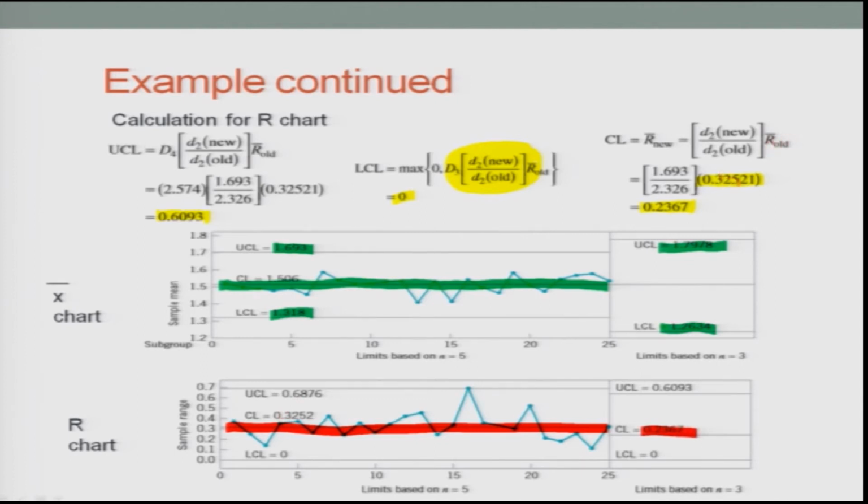It was 0.3251. The upper and lower control values I calculated were 0.6093 and 0, and in the initial case these values were 0.68 and 0. So, this 0 value remains the same, and obviously the upper control value changes.